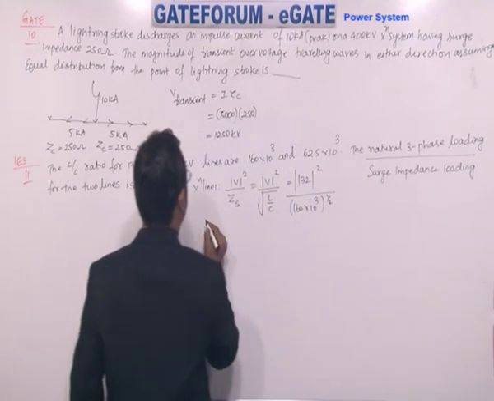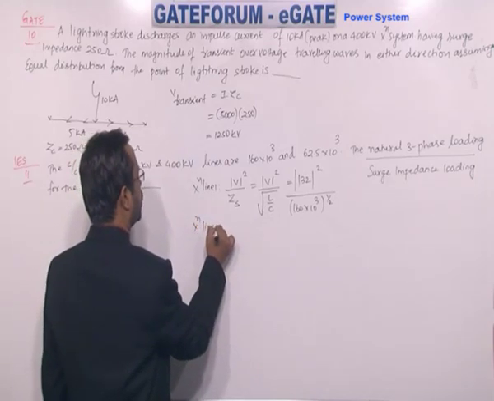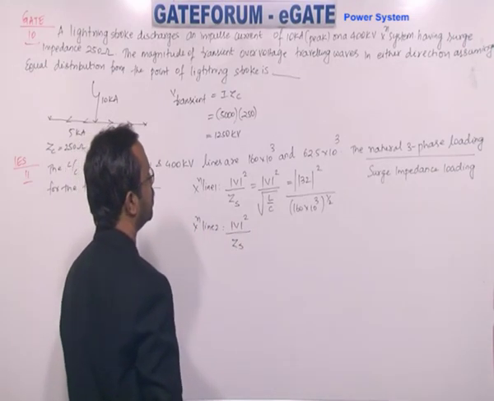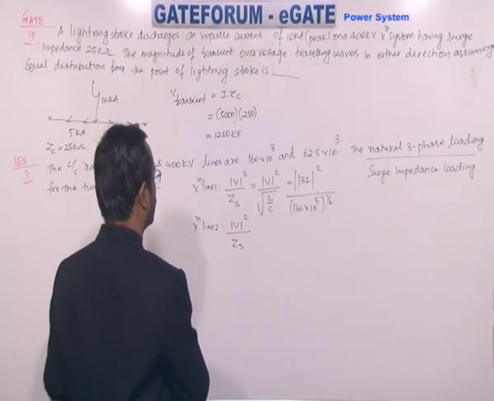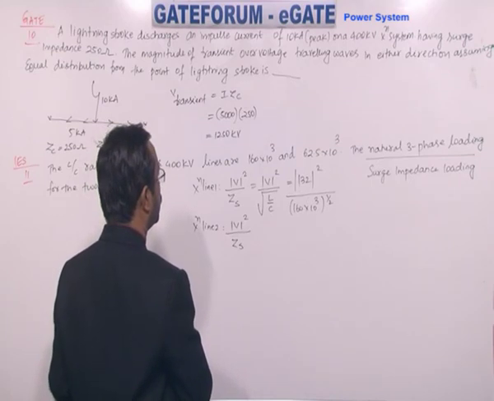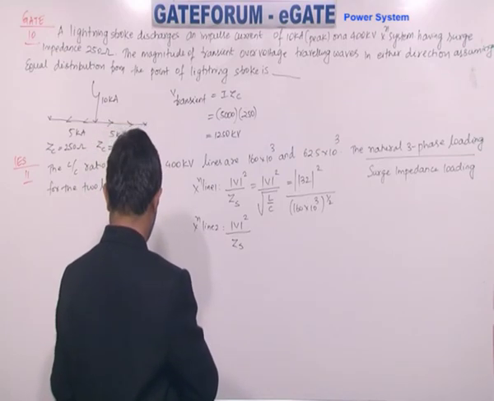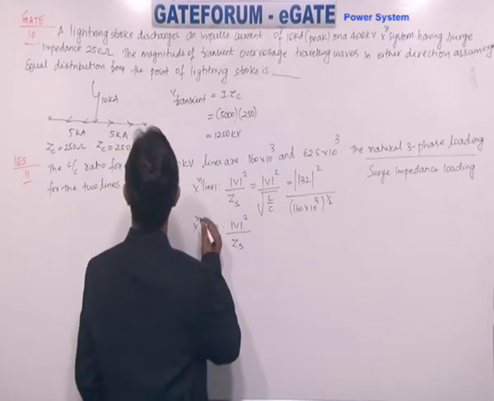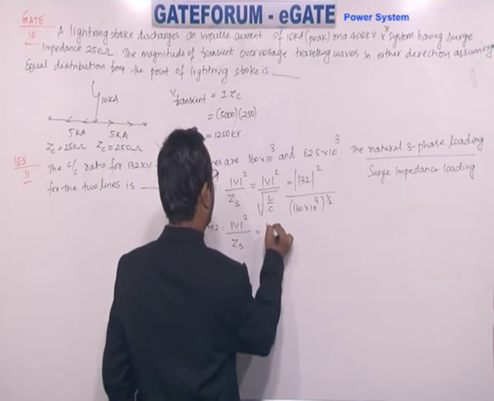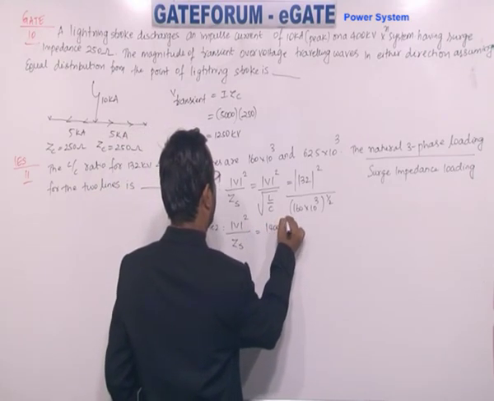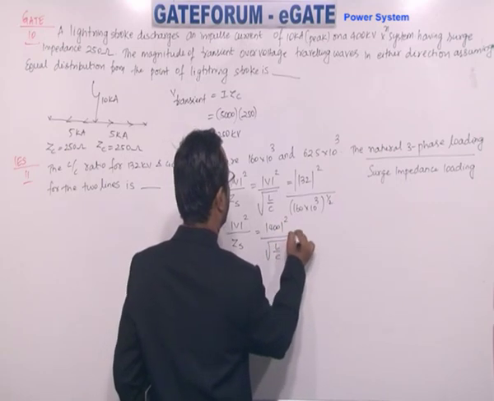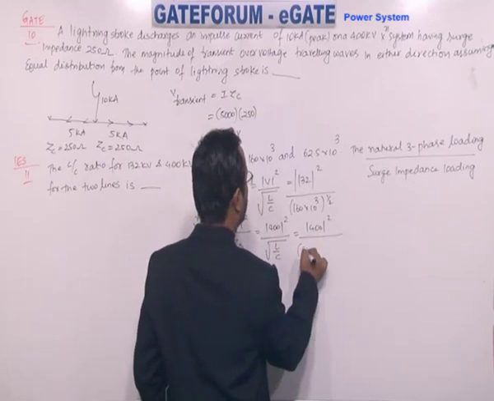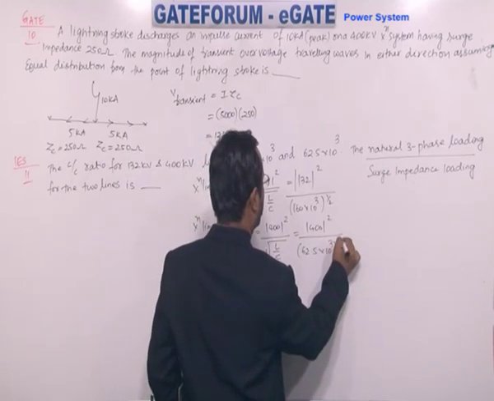And similarly, for transmission line 2, the formula is the same, V square by ZS. How much is V now? 400 kV. But ZS is still under root L by C. What about the denominator? 62.5 into 10 cube under root.